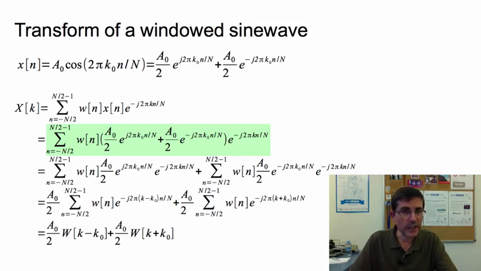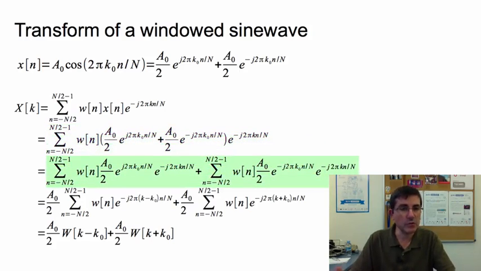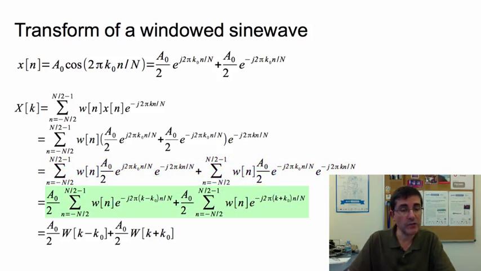Because of the linearity of the DFT, we can split this into two equations in which each one has a complex exponential as the input signal, and the amplitudes can be moved outside. Basically we get back to the sum of two DFTs of the window with a frequency shifting operation.